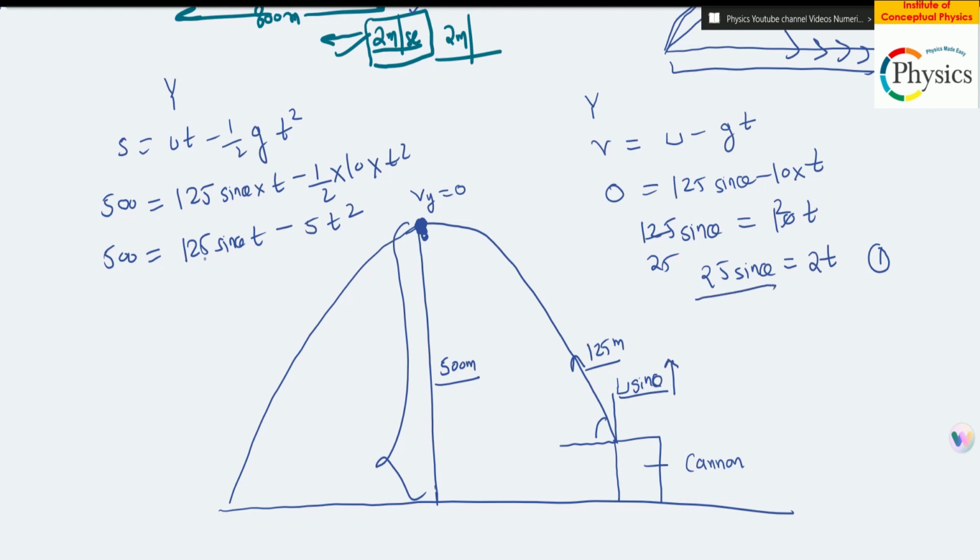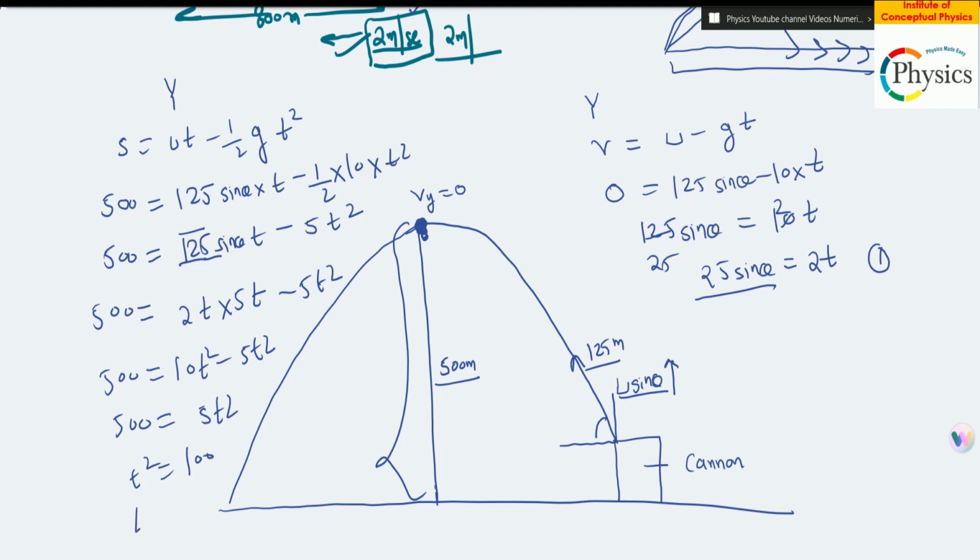You can always substitute here, right? 25 sine theta is 2t. So 500 is equal to 5t is what is left out of that, minus 5t squared. So 500 is equal to 10t squared minus 5t squared. 500 is equal to 5t squared, and t squared is equal to 100, and t is equal to 10 seconds, right?